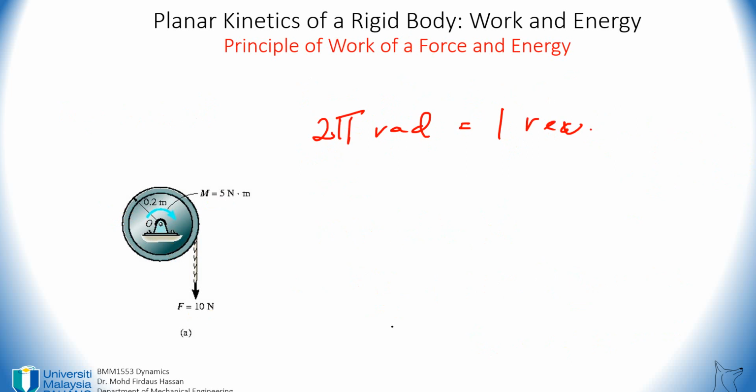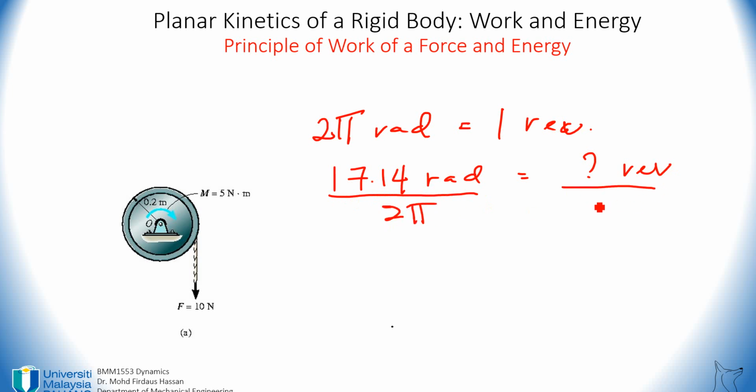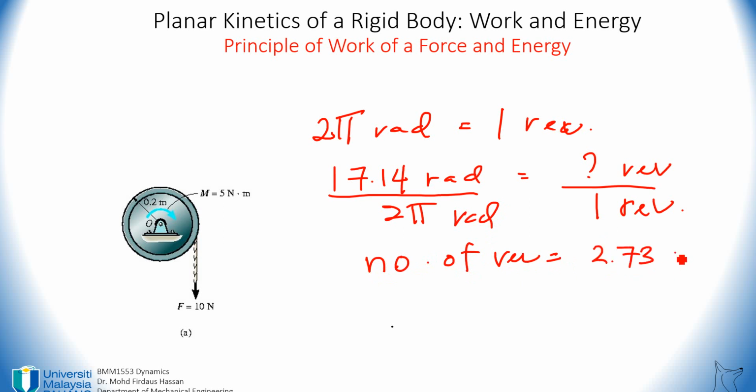If we have 17.14 radian, how many revolutions? Divide by 2 pi: 17.14 radian divided by 2 pi radian, you get the number of revolutions equal to 2.73 revolutions.